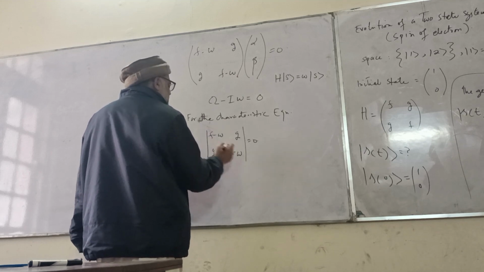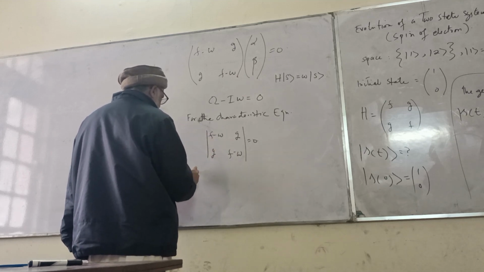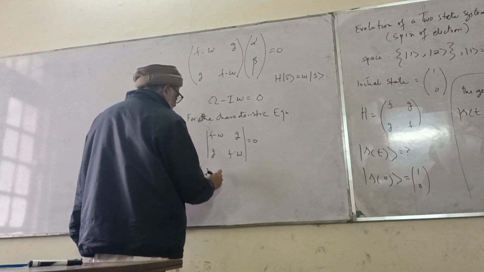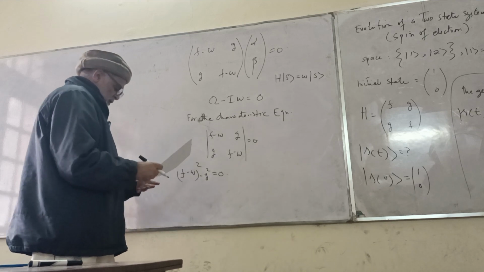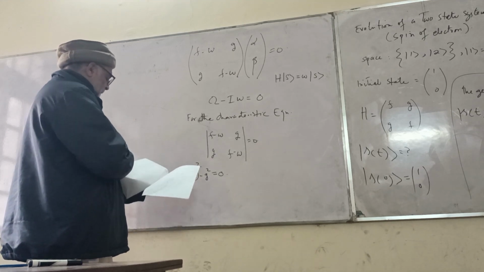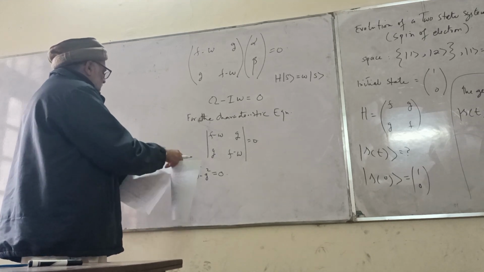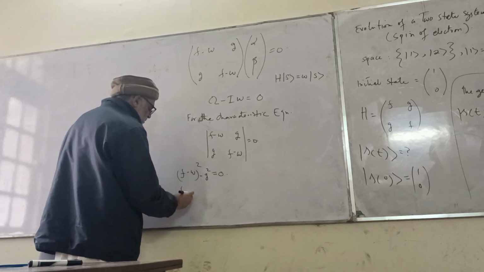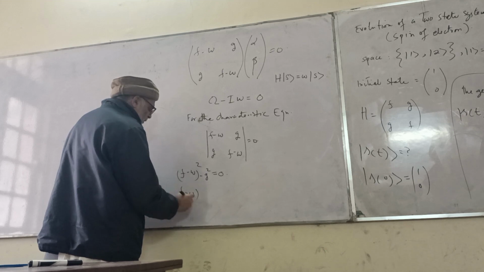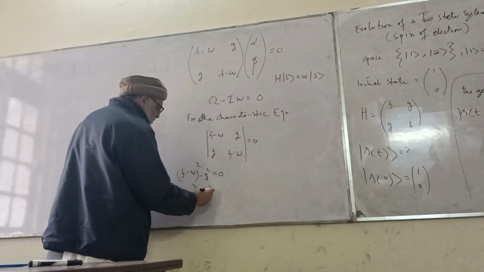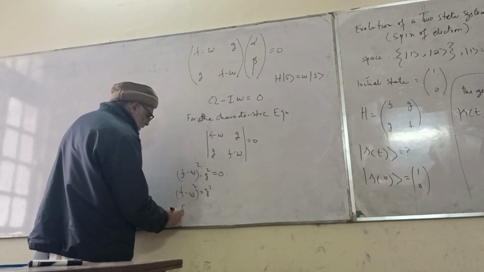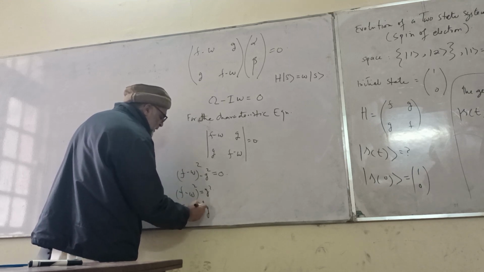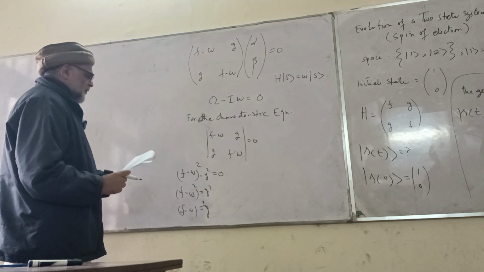Now, this will be cross multiplication, so (f minus omega) whole square minus g square equal to 0. Right? Now, (f minus omega) whole square equal to g square, or f minus omega equal to plus minus g.